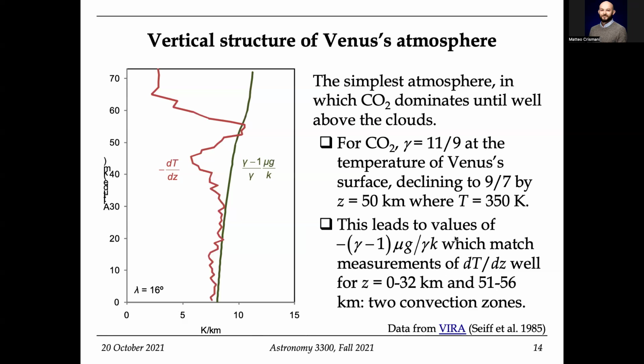Plotting lapse rate here versus altitude. So where they're close together, where this roughly equals this, the lapse rate matches what we expect. I didn't leave it up on the board. Damn. Okay, let me just go back. I'll show you what it means.